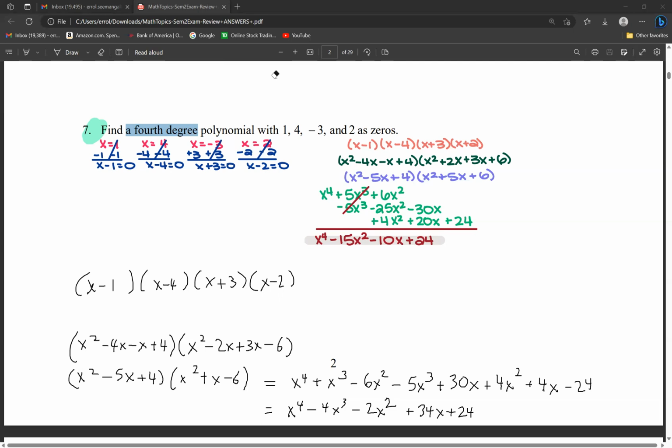Oh yeah, they actually wrote it right here, right? This line right here is the same as this line right here. And then this line right here is the same as this line right here.